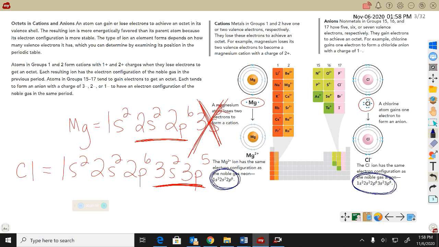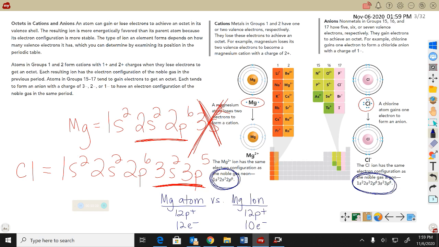So if I compare a magnesium atom and a magnesium ion, here's the magnesium atom versus the magnesium ion. The atom had 12 protons and 12 electrons for a total charge of 0. It's neutral. The ion does not change the nucleus. So there's still 12 positive protons, but I lost 2 electrons for a total of 10.